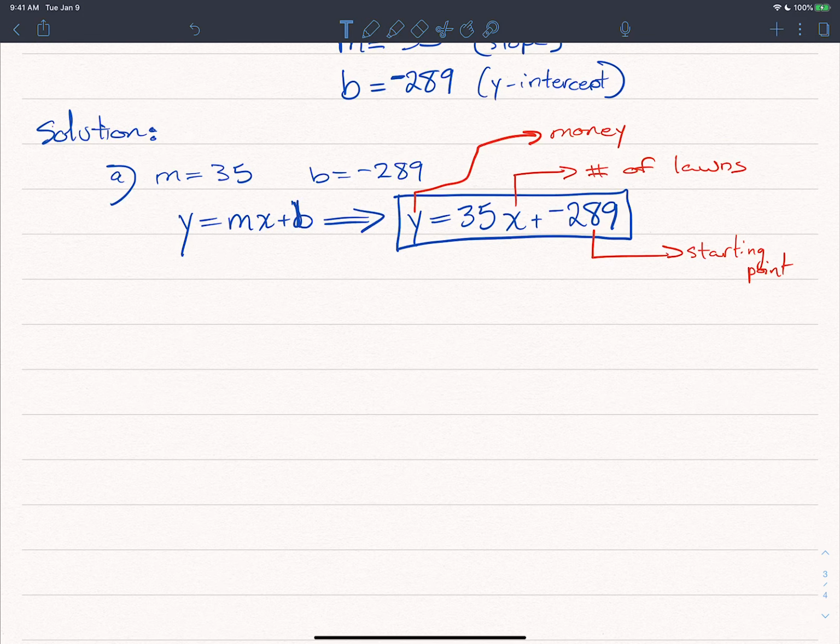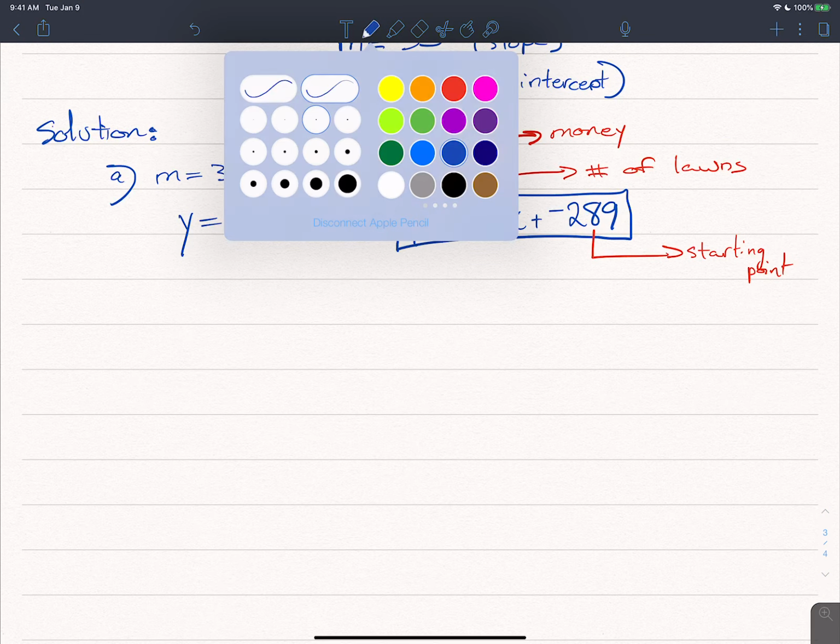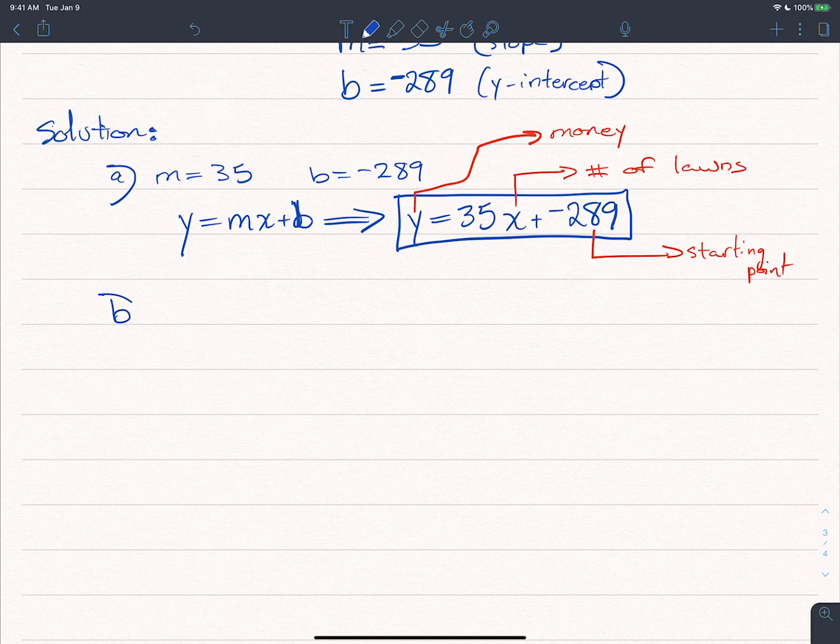So now we can do B. And what was B? B was, what is our break-even point? So basically it's saying, what x gives us a y equal to 0?